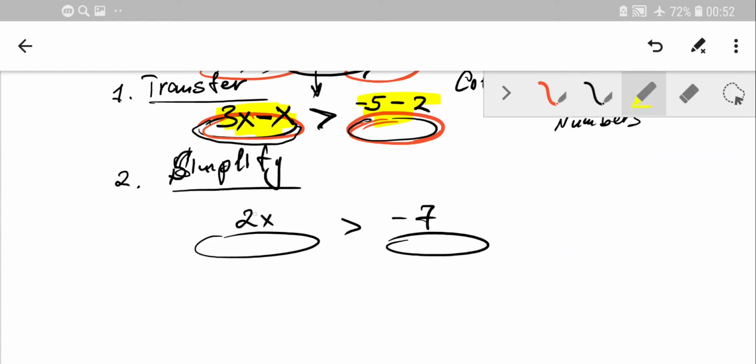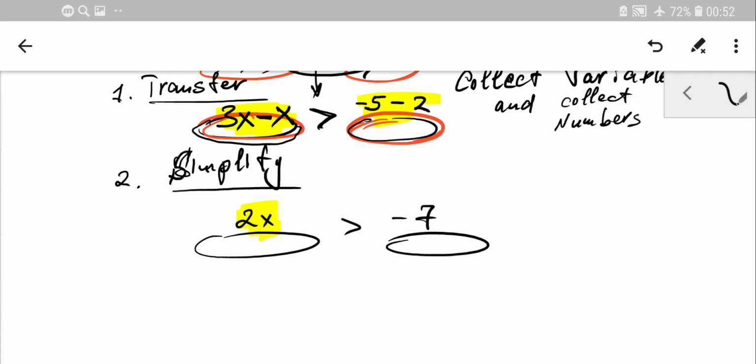So now attention. We want 2x to be positive, and actually it is right now. So 2x is positive. Now, as with the equation, you can divide both sides by the coefficient, by 2.